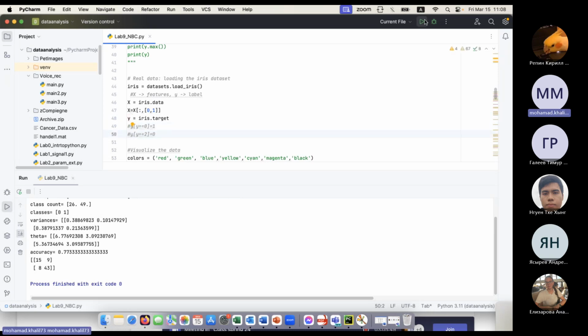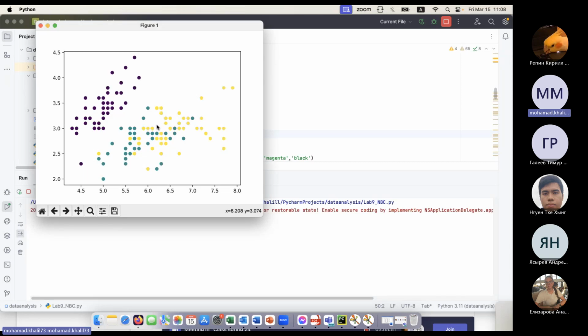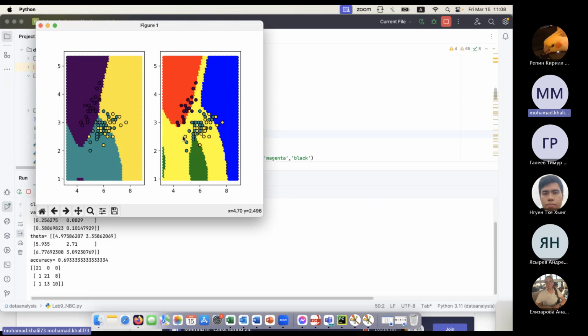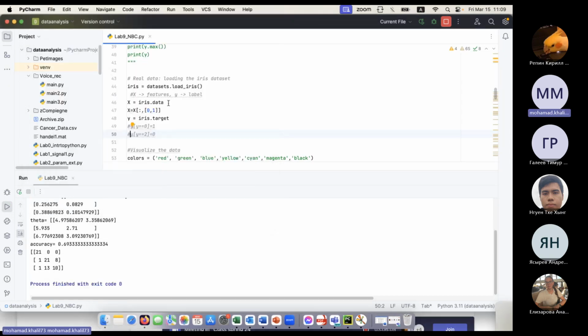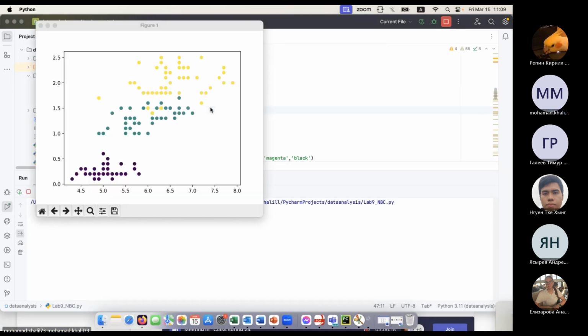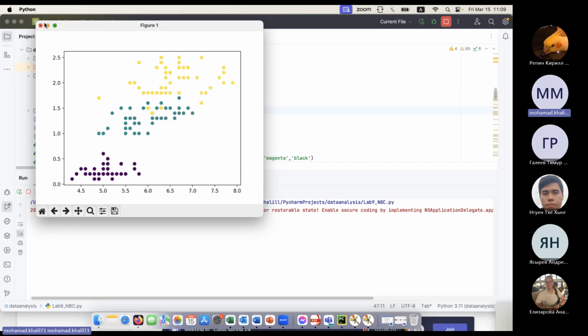If I want to take all the three classes, I will have class 1, class 2, class 3, and you will have the region. The class 0, red, green, blue, class 1, class 2, and yellow. Look here, without the interface and with the interface. And if you want to say, for example, between 0 and 3, here is better, I think.